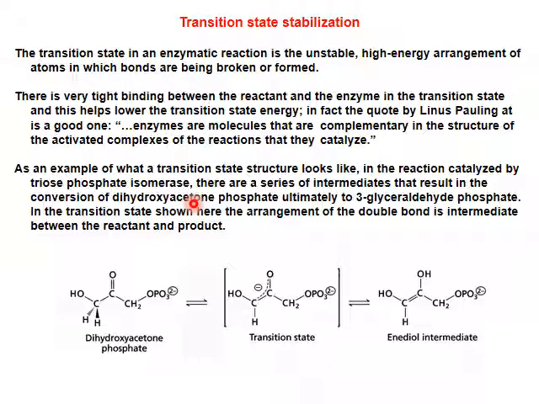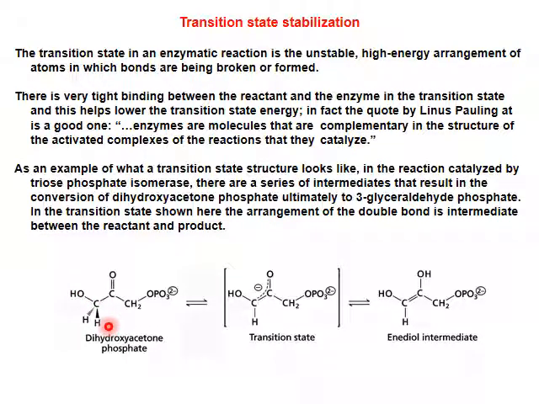So if we look at an example here of dihydroxyacetone phosphate and the chemical features of that, we have a carbonyl group, we have a -2 charge phosphate group, we have a hydroxyl group here, we have a couple of protons off of that alpha carbon.